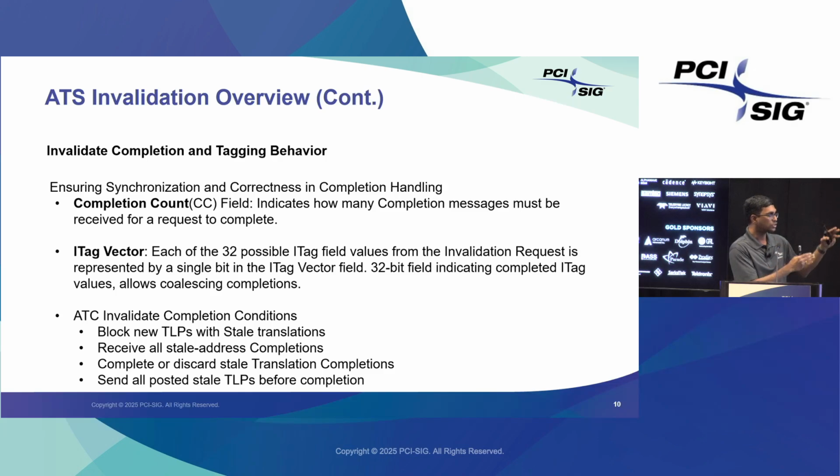After doing all this, only then does it respond with the invalidation completion. So the TA understands that before this completion the device was using the old address, and after it the address is cleared. Again it will ask for a new translation request.